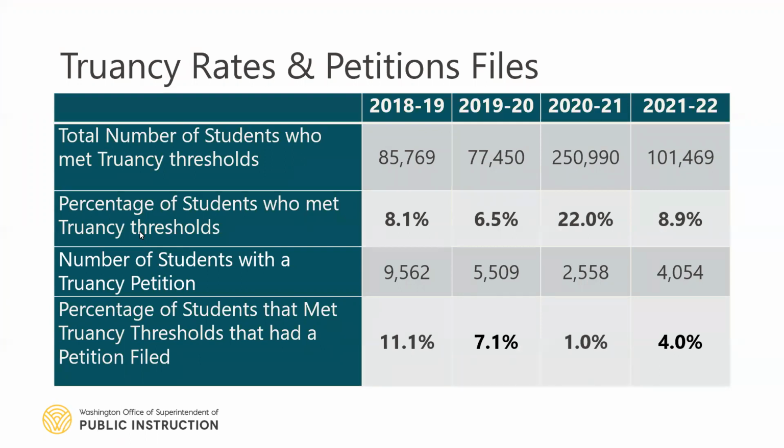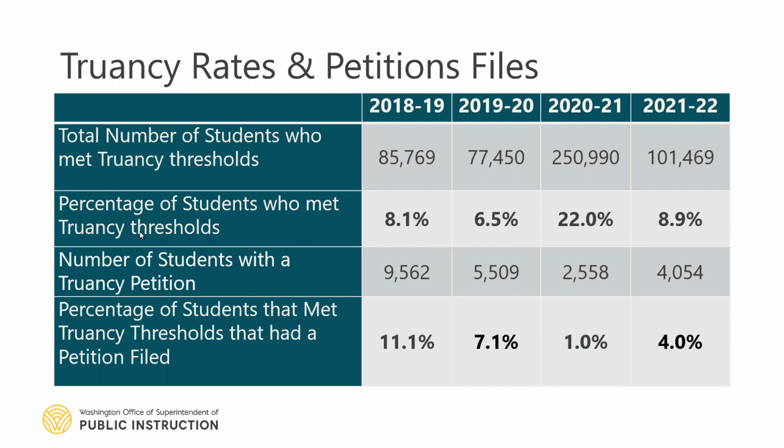First of all, what this shows is our truancy rates and petitions filed over the last 4 years. So if you look at that far right column for last year, 8.9% of all of our students met truancy thresholds in 21-22. That represented about 101,000 students.